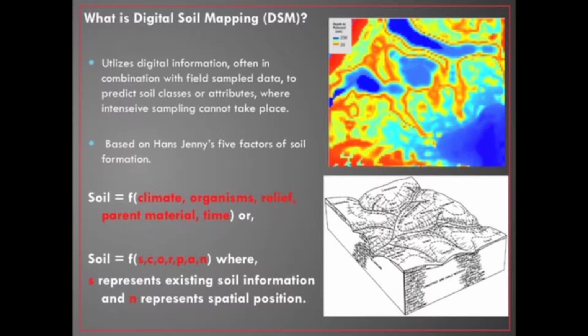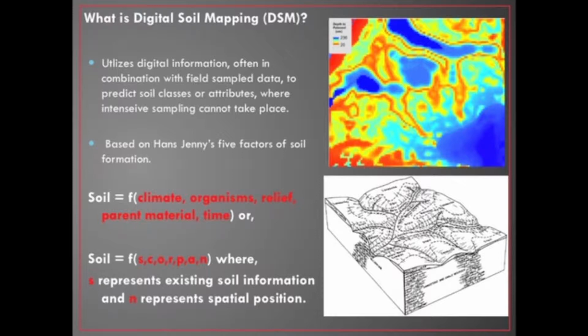Digital soil mapping really involves taking any sort of digital information we could get related to soils, such as climate data, remotely sensed images, hydrological data, historic vegetation, current vegetation, taking that in combination with any field sample data we have, or not if we don't have it, to come up with some sort of predictions of what soils or what soil attributes or properties are below the vegetation. And really this is good for where we can't have intensive sampling. A lot of the times we just don't have the money to do it. I know we'd love to dig a hole everywhere, but we can't.